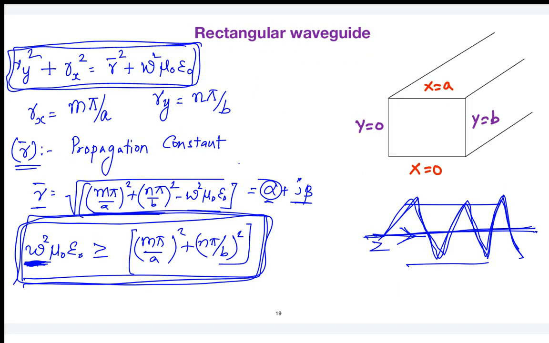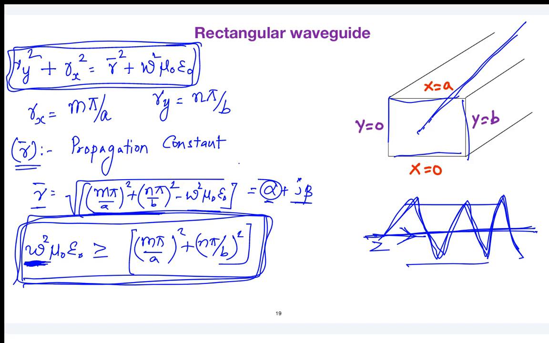You can see in this case, whatever you are seeing at the top and bottom is x equal to 0 and x equal to a, and y equal to 0 and y equal to b will be the side plates. Now, if the wave is moving like this, what axis are you moving?